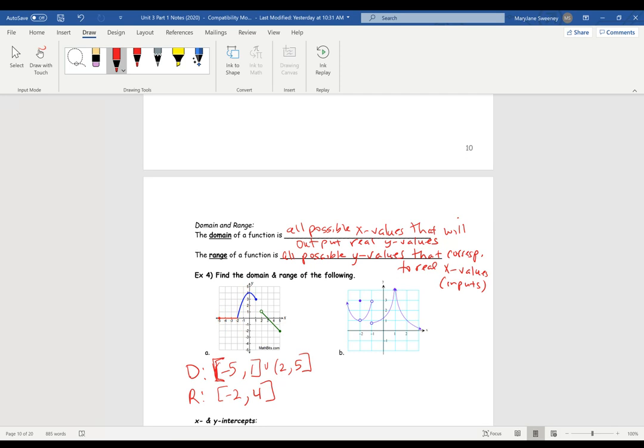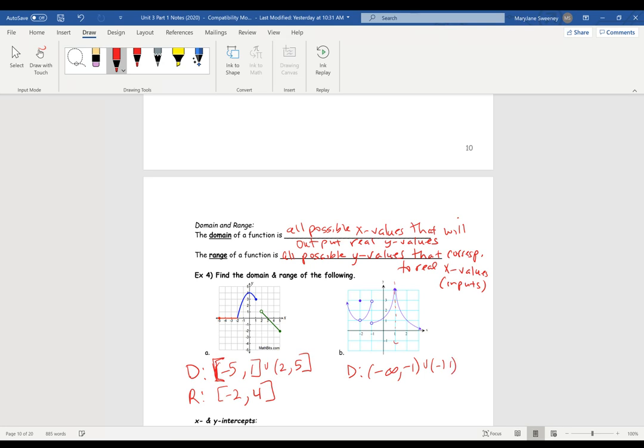Okay, next one, domain. There's an arrow on the end, so we will say -infinity. We do have an x at -2. That's that closed circle. We don't have anything at -1. Then we go -1 to, they're trying to show here at 1 that there's like an asymptote.